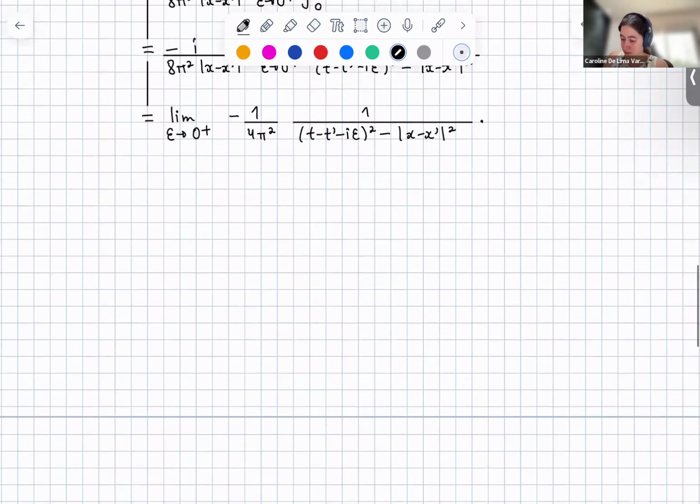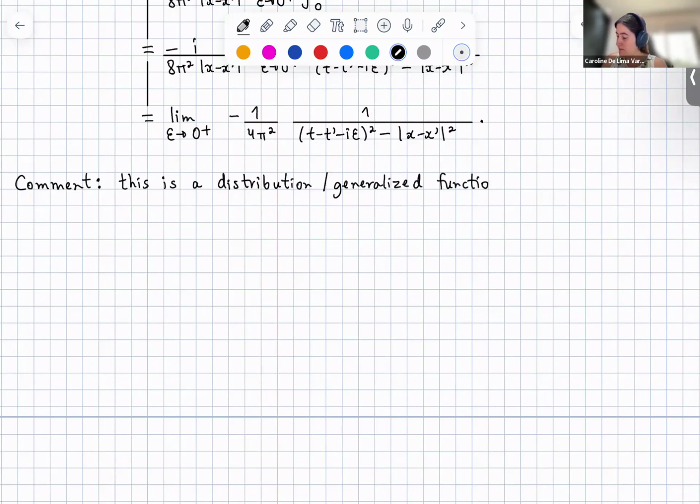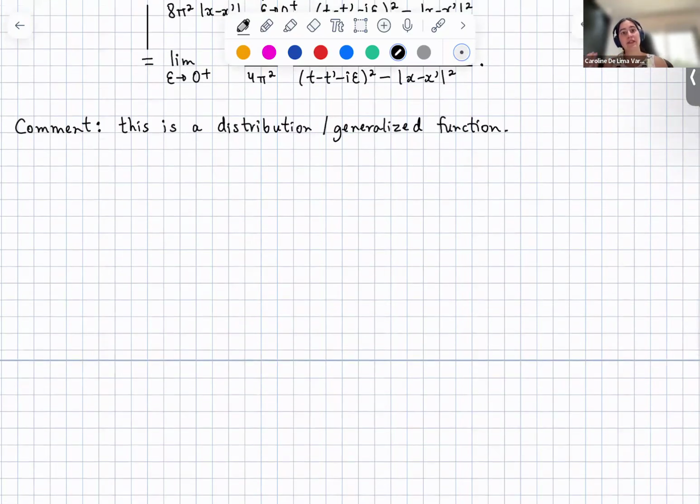All right. So a comment that I have to make is the following. This is a distribution, which is also called a generalized function. So the way to understand it is basically when you're integrating it against some smooth test function.